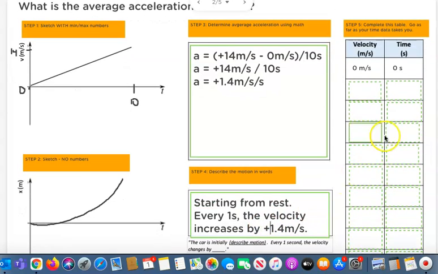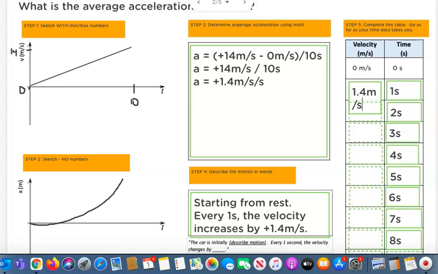Make that positive, okay? So that means that if I put in my values here, the time, and so on, I'm going to be at 1.4 meters per second, 2.8 meters per second, 4.2 meters per second.